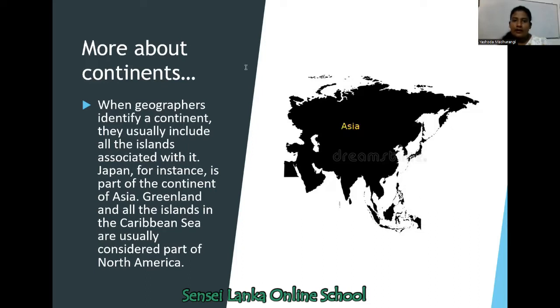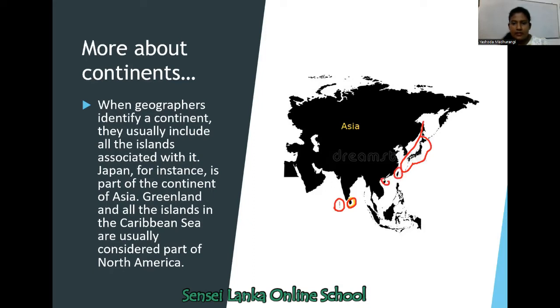So in this one, can you see some islands? Sri Lanka, here I'm circling. Can you see? This is Sri Lanka, our country. Maldives Islands. Then here, Japanese Islands.